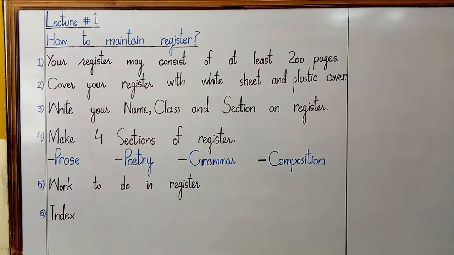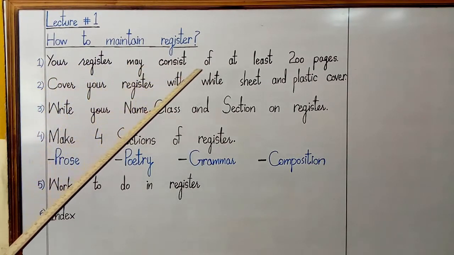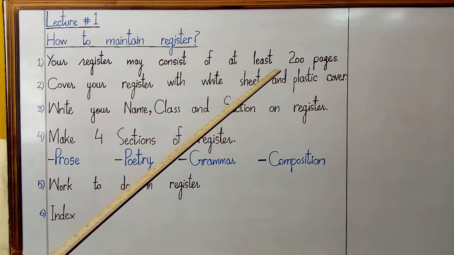You may see 6 points written on the board under the heading of how to maintain register. I will discuss all these 6 points with you one by one. Point number 1. Your register may consist of at least 200 pages.